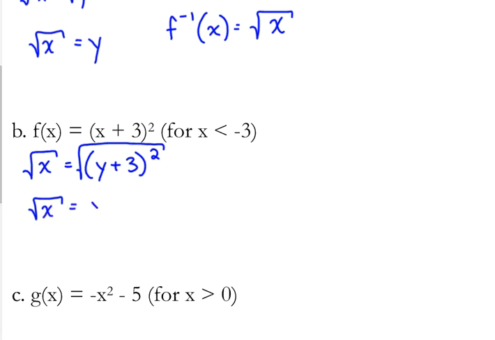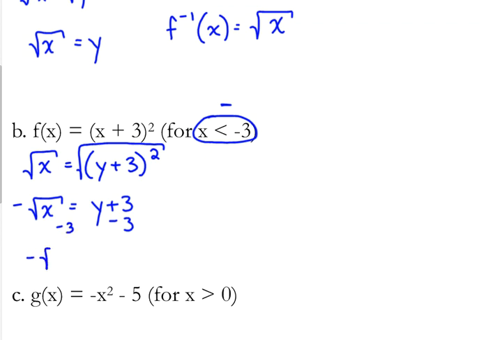Now this time, our inequality is less than. So that means we need to put a negative in front of that square root, because it was less than. Okay? What do we need to do now to get y by itself? Subtract 3.